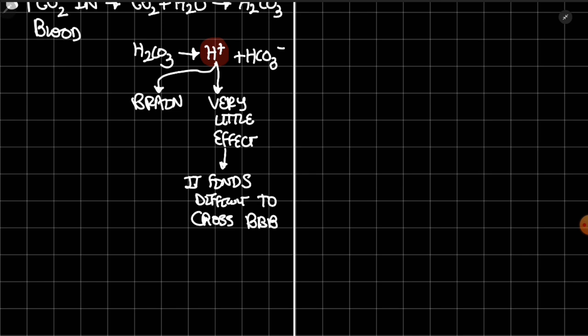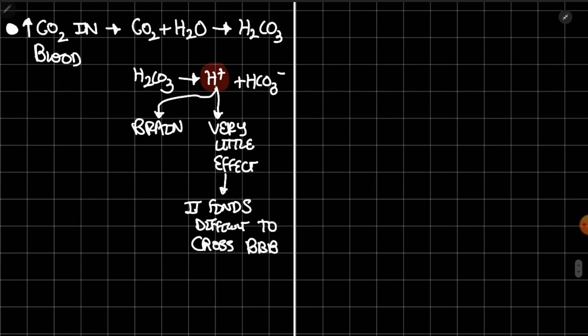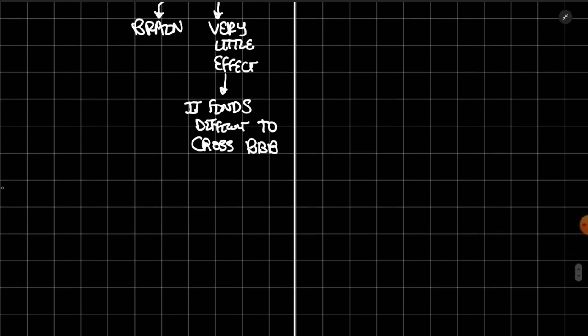So H plus has not a major direct effect in the chemical regulatory mechanism of respiration. Though CO2 combines with H2O and gives H2CO3, and H plus is formed from H2CO3 and goes to the brain, it has no direct major effect. A major effect is caused by CO2.